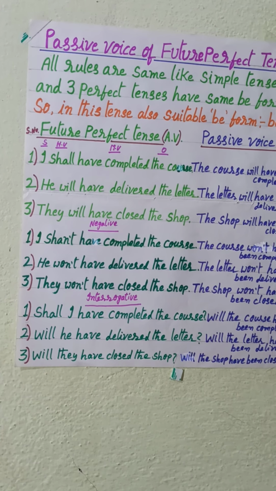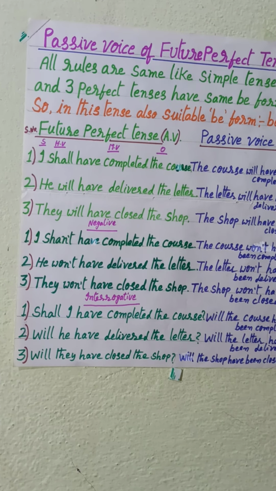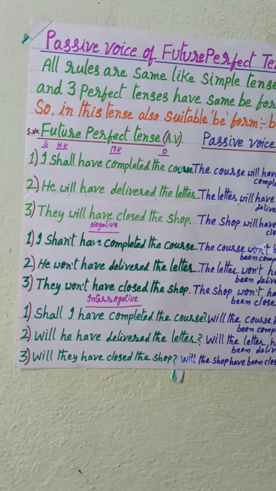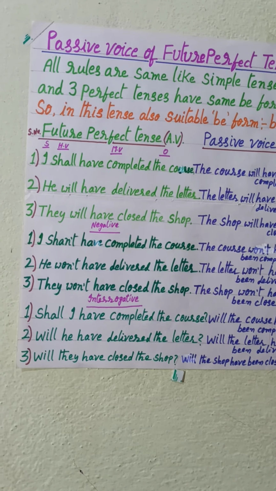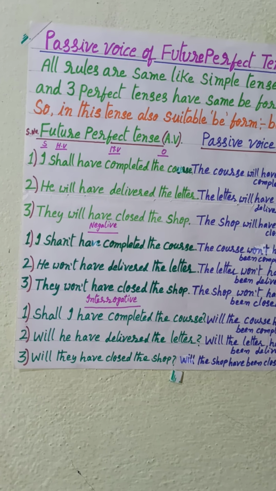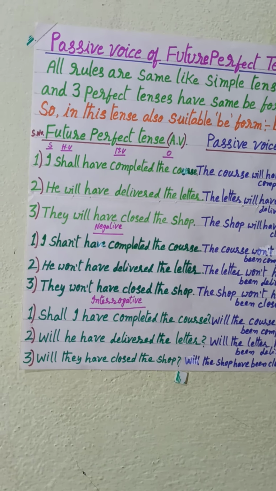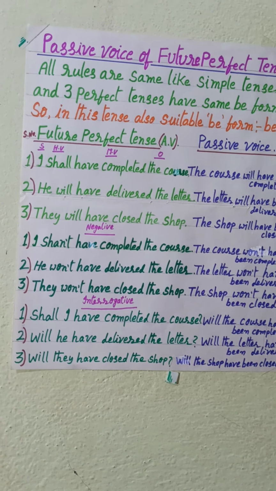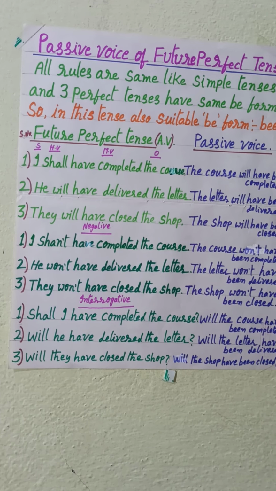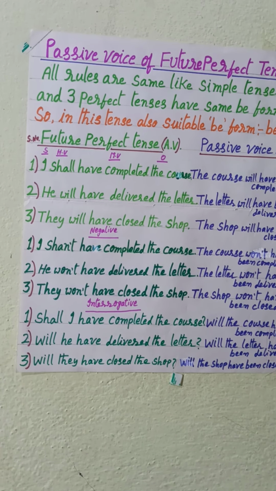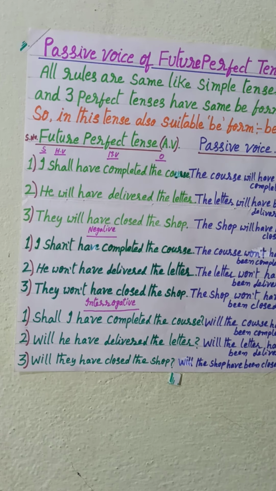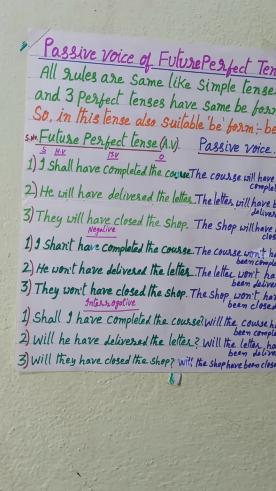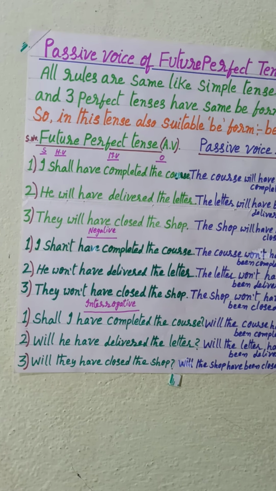We know that shall is used with I and we. Will is used with he, she, it, they, you and nouns. I shall have completed the course is future perfect tense.